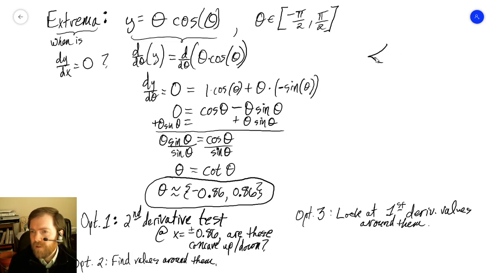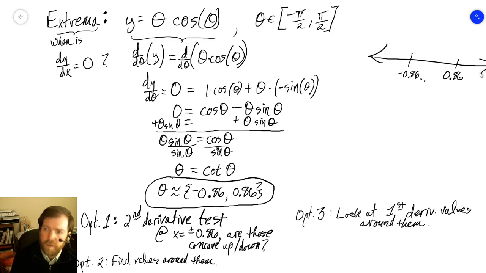So there's a lot you can do. Negative 0.86 and positive 0.86, again, we know are the critical points.